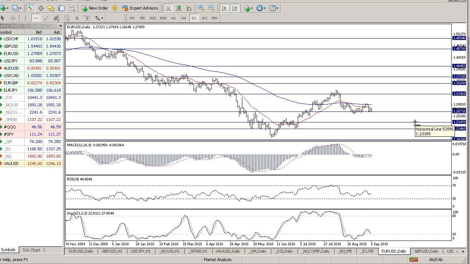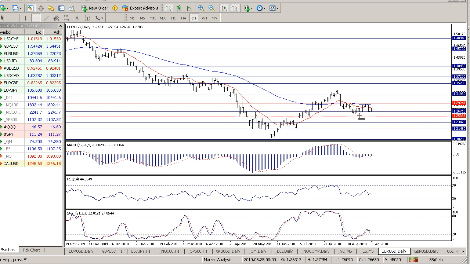Where are the support and resistance levels? Where are the key levels here? Well, as for resistance, the major resistance on the daily chart is near the 129.20 level, and major support is the most recent low around the 126 area.